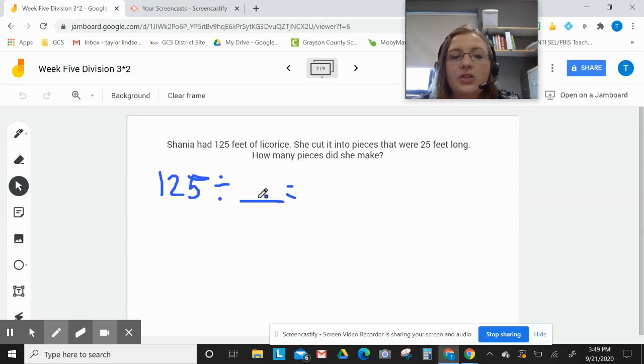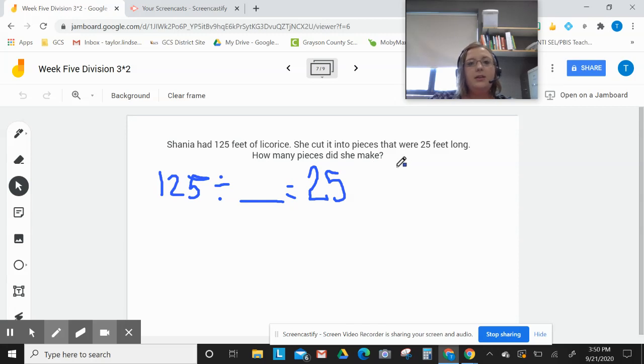Yes. So this needs to be our number of groups. So were we given how many groups? No, we weren't given our number of groups. We were given how much is in each group. So how much is in each group of licorice? 25 feet. Perfect.